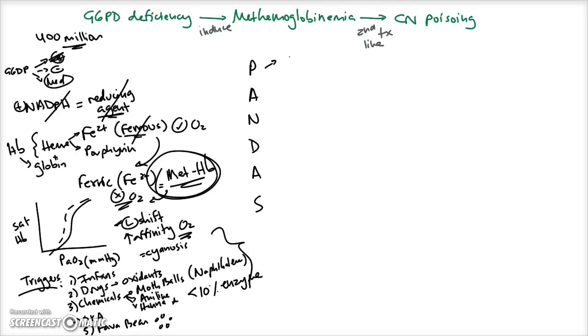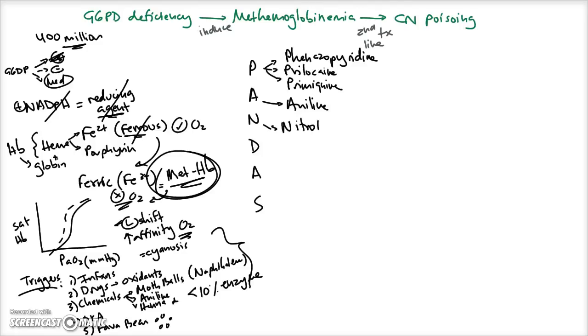The P in PANDAS has a few of them. There's phenazopyridine, and I'll go through each of them individually. Prilocaine, primaquine. The A is for aniline, N stands for nitrofurantoin or naphthalene.